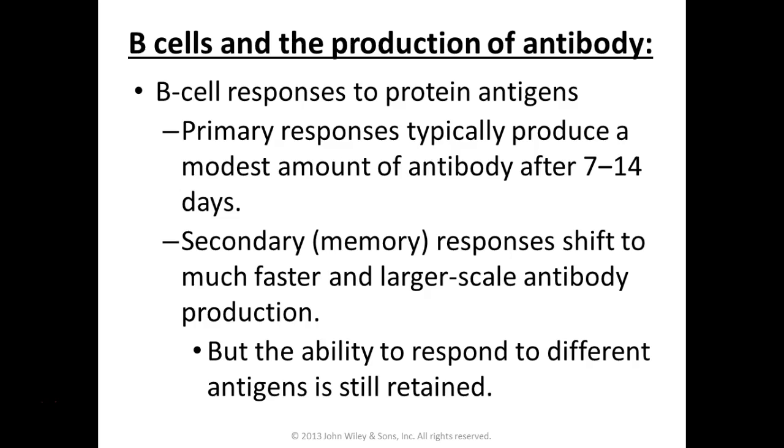So that when we get invaded again, we don't have to wait that 7 to 14 days, right? We've got more cells out there, memory cells, that the dendritic cell and even the macrophages can present to and activate. So that's referred to as our secondary, or more often now we refer to it as our memory response. Because again, it's the memory cells in that case that are being activated. And the response is much quicker because of that.